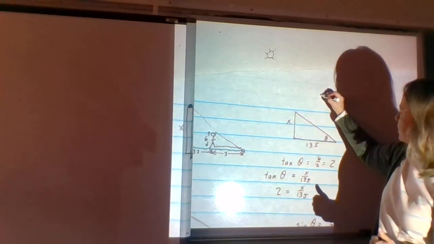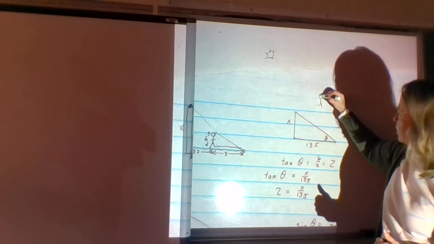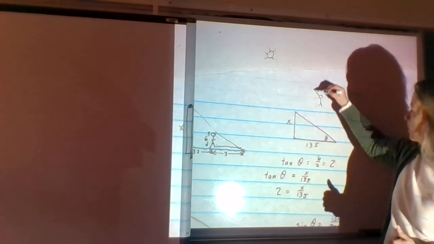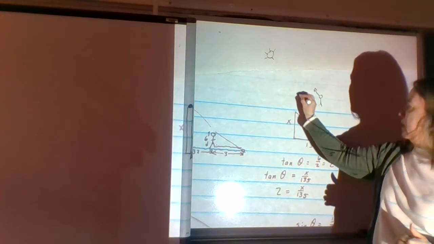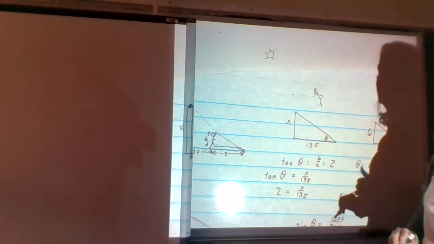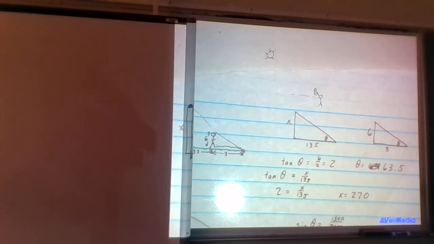I'm talking about somebody from the ground looking up at the sun. And so my angle of elevation is that angle right there. Okay, so it's how you had to elevate your eyes. So you go from your horizontal, looking straight out, elevate your eyes.